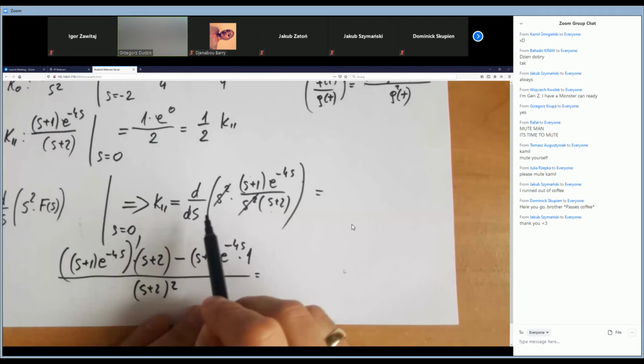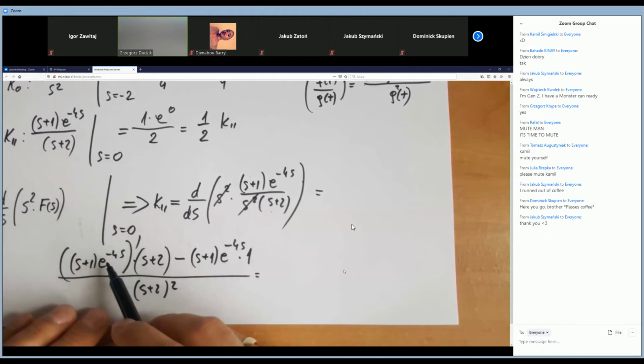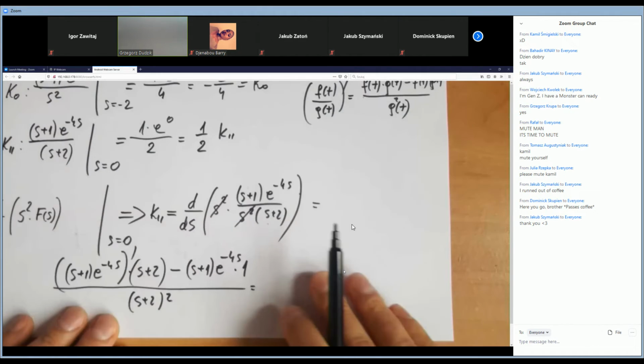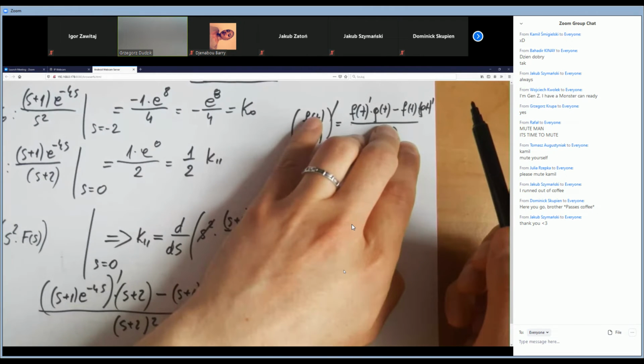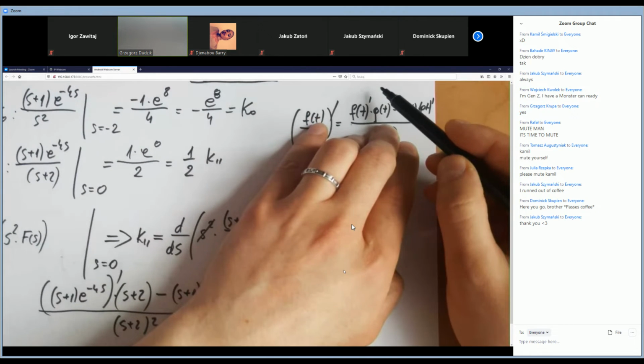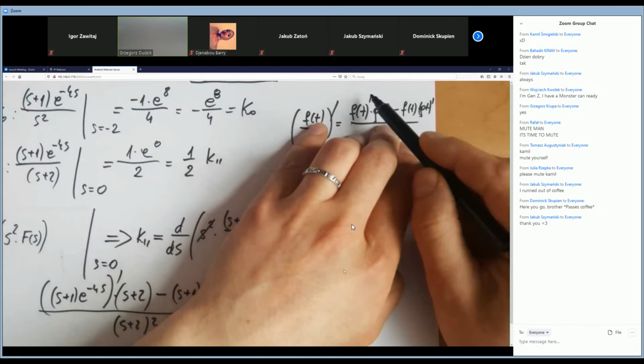All right, so this is equal. Everything we've got. However, we have to find the derivative of this function, which consists of two functions which are multiplied. If we've got two functions which are multiplied and we want to find the derivative of it, we use that formula.